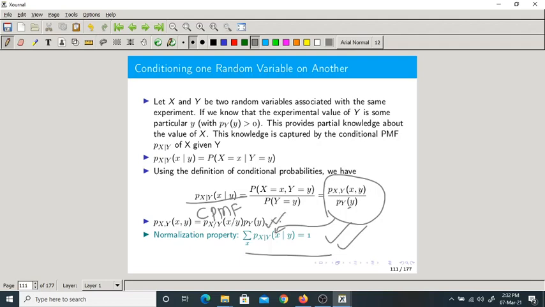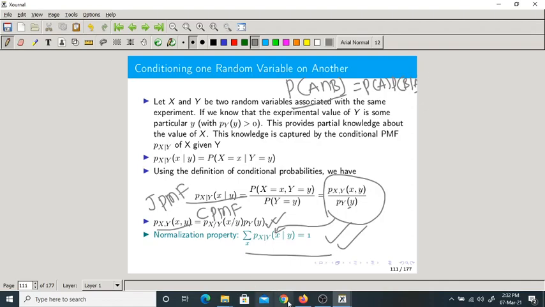Now how we got this? From these two. This is called the multiplication rule. In conditional probability, what is P of A intersection B? P of A into P of B given A. Isn't it? In the same way, here we have joint PMF.